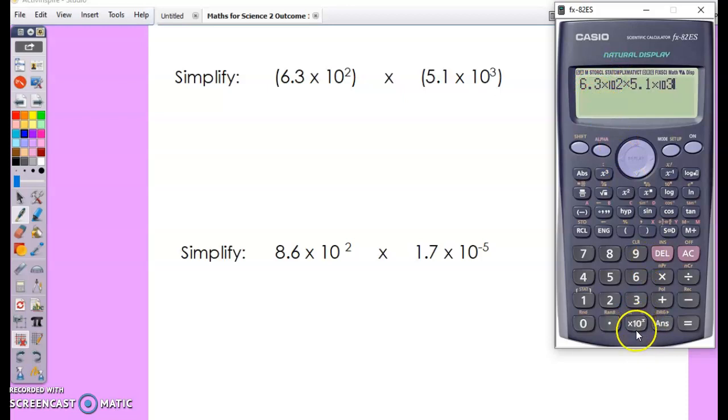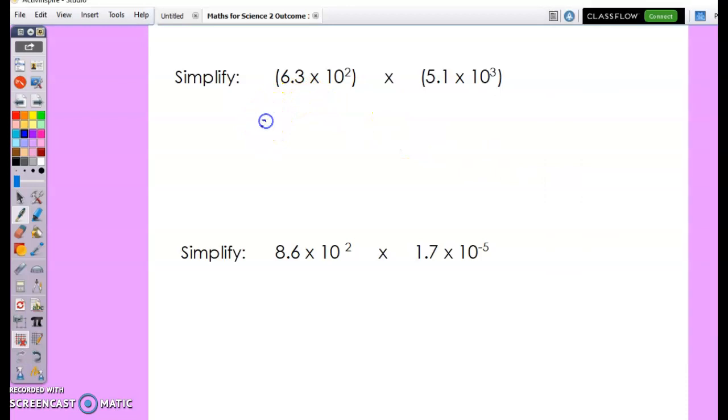So it's that button and then the number, no extra times. That comes out at 3213 and 3 zeros. So in standard form, that'd be 3.213 times 10 to the power of 6.